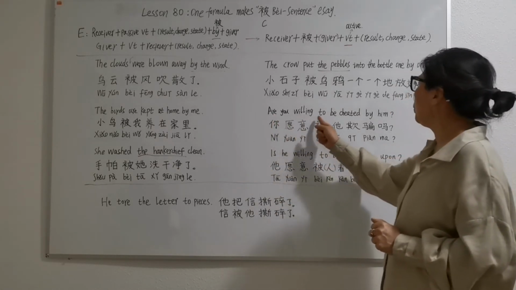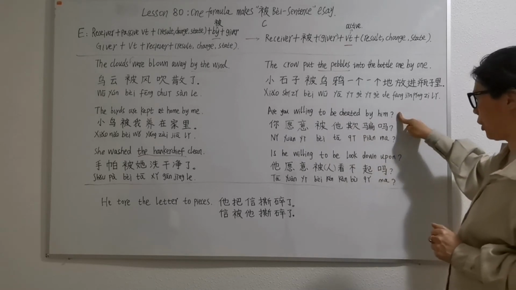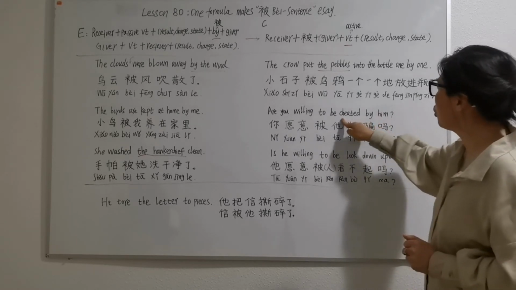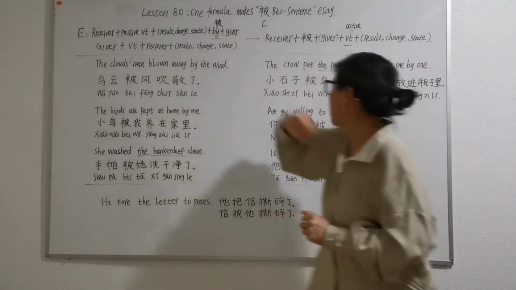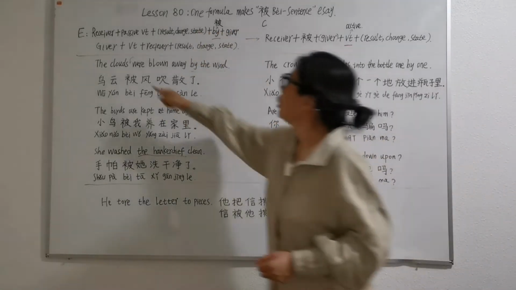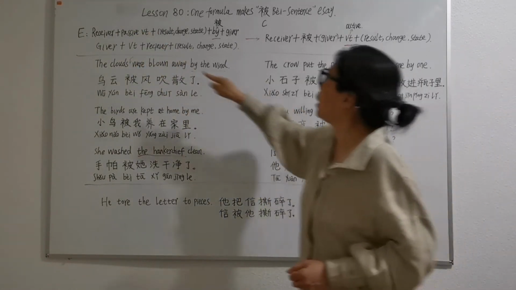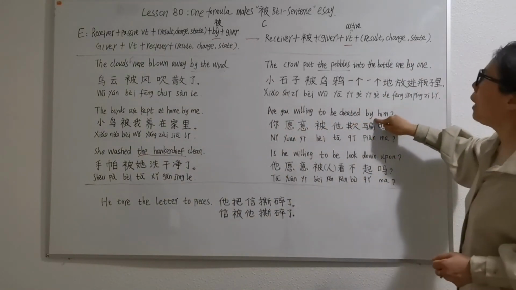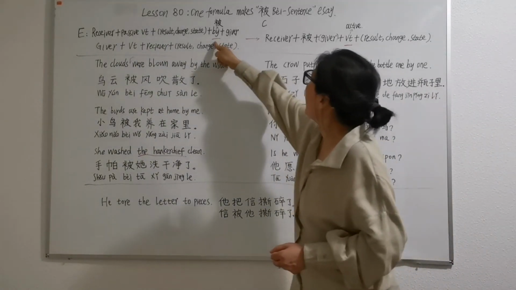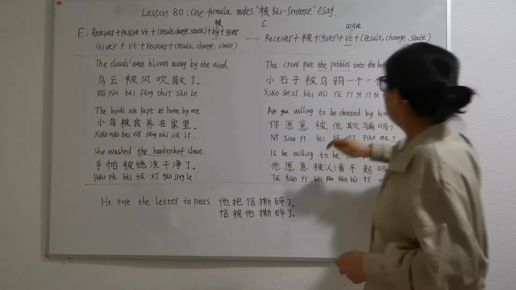Are you willing to be cheated by him? A question. And it is the passive sentence. You, receiver, be cheated, passive transitive verb, by him, giver.